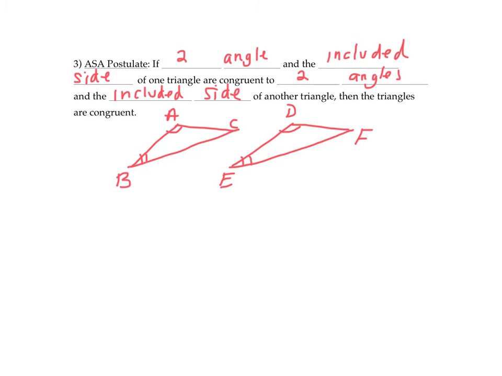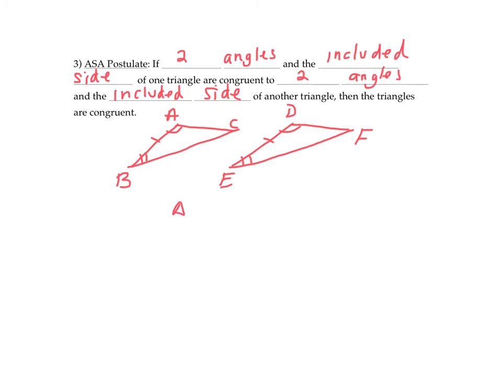And the postulate says it's two angles, sorry, that should be plural, and the included side of one triangle are congruent to two angles and the included side of another triangle. The included side is the side in between the two pairs of angles that are marked congruent to each other.